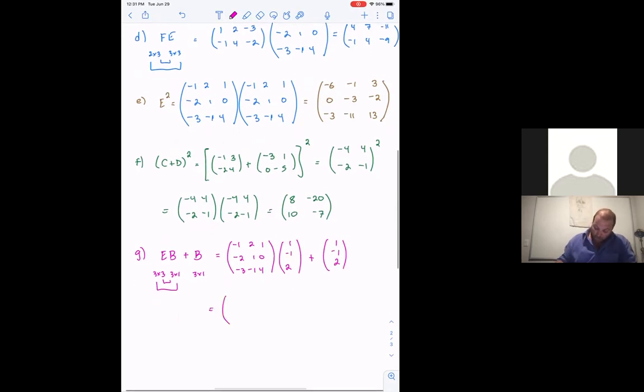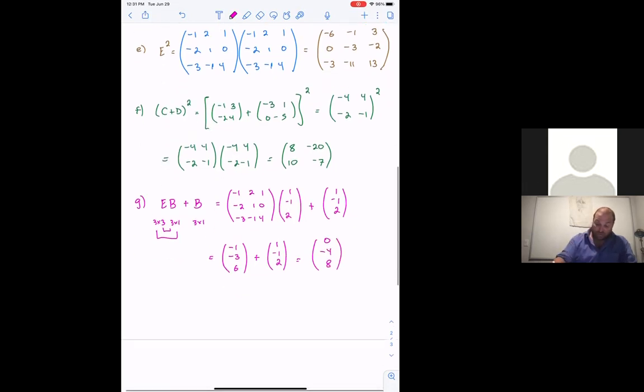When I do the first multiplication, -1 minus 2 is -3, -3 plus 2 is -1, -2 and -1 is -3, -3 plus 1 is -2, -2 plus 8 is 6, which I'm then going to add to 1, -1, 2. -1 plus 1 is 0, -4, and 8. So that should be G.